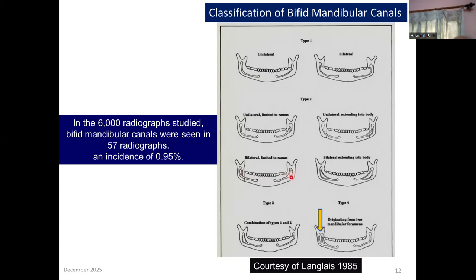A big foramen is found within the mandibular canal there, which is bifurcated and then reunited. And here, bilateral, extending into the body from the ramus.